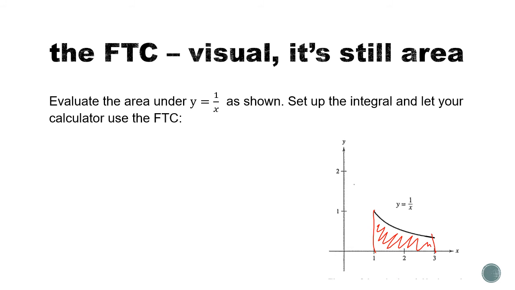So you're given a function, 1 over x. And so I'm going to go ahead and set up my integral, and it's from 1 to 3. So from 1 to 3, there's the function, dx. Now in your calculators, it should be under math. You should be able to find math and integral.